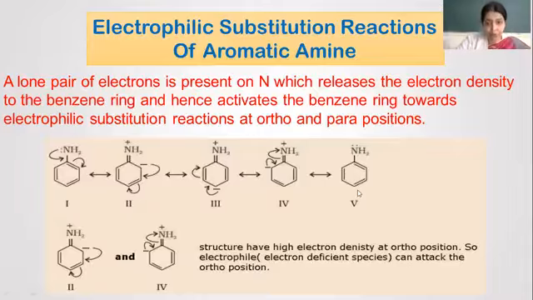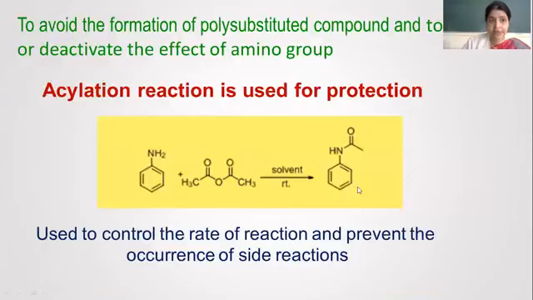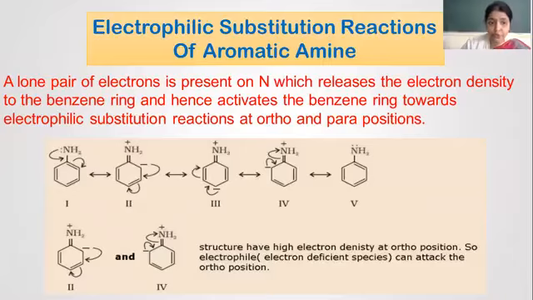The NH2 group in aniline or in aromatic amine acts as a very strong activating group. Since it is a very strong activating group, it always substitutes all three hydrogens, that means the hydrogens present on both the ortho positions and the para position, by the electrophile.